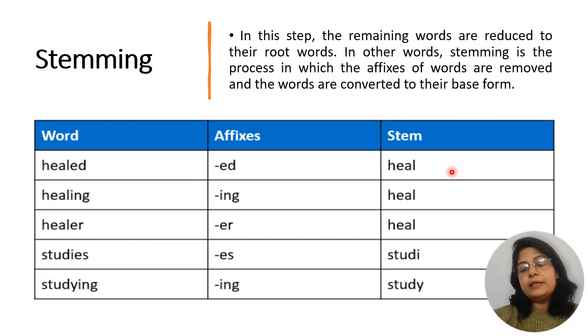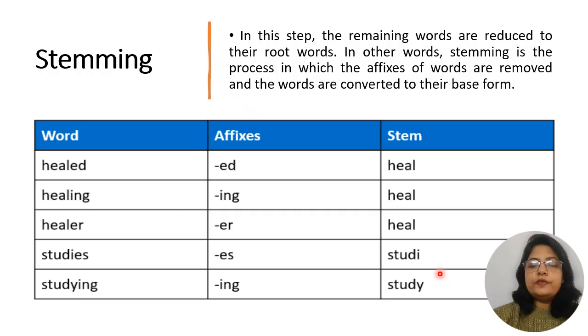So basically in stemming, the suffix is removed from the word and the word is brought back to its base form. Like healing becomes heal, healer becomes heal. Studies, the es is the suffix, it is removed, and studying, ing is the suffix, it is removed.